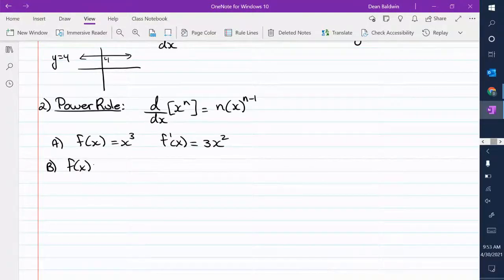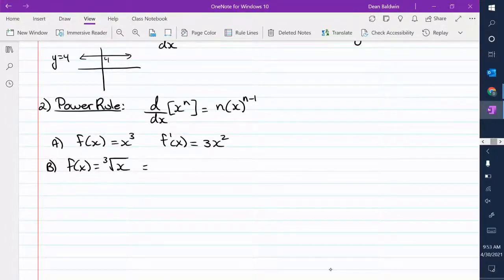If I say f of x is equal to the cube root of x. In calculus, we don't like roots. We want to rewrite everything as exponents, because then that allows us to use this rule. So how do I rewrite the cube root as an exponent? 1/3.